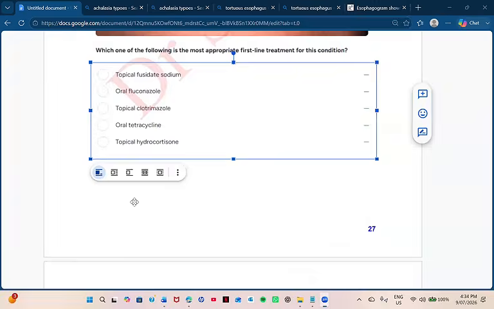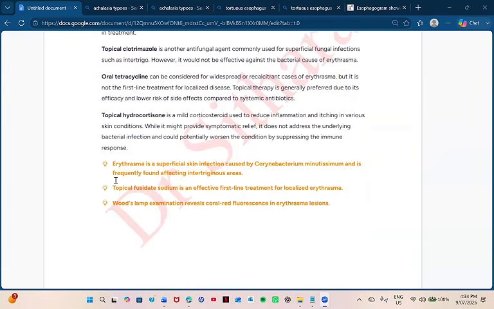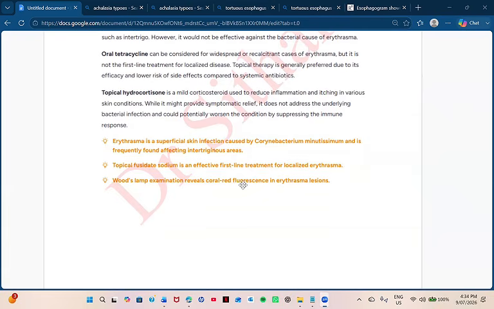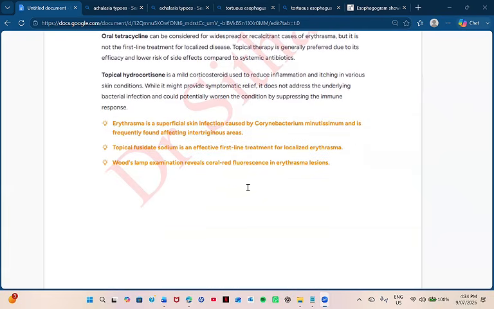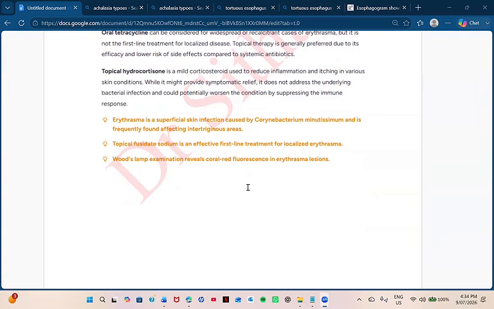Do you get the idea? So erythrasma is a superficial skin infection caused by Corynebacterium minutissimum, frequently affecting the intertriginous areas. Topical fusidic acid is the effective first-line treatment. Wood's lamp examination reveals coral red fluorescence in erythrasma lesions. These are the three main important things you need to remember.